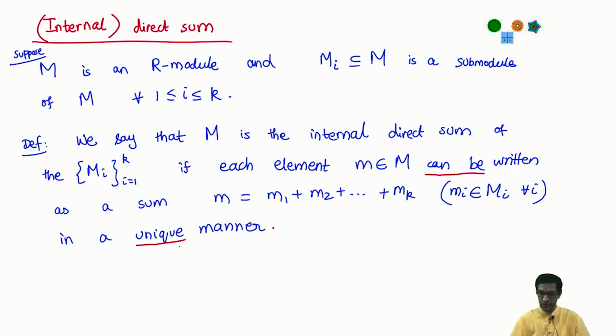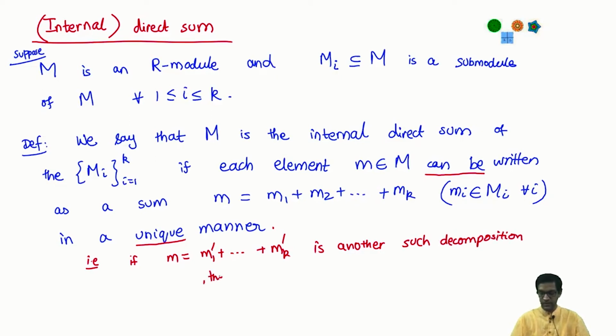So what does this unique mean? Let me just explain that a little bit more. Unique manner means if I can find another such decomposition, m1 prime plus m2 prime plus mk prime, another way of writing it as a sum, with the mi primes all coming from the submodule capital Mi, then the mi and the mi primes have to be the same for all i from 1 to k.